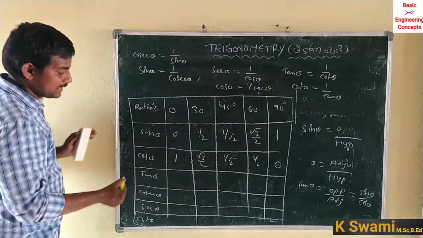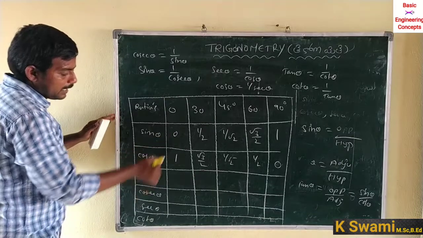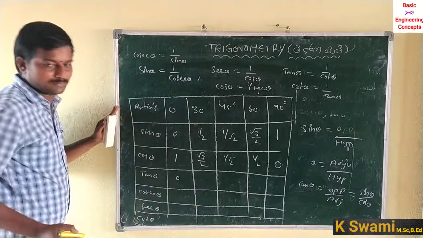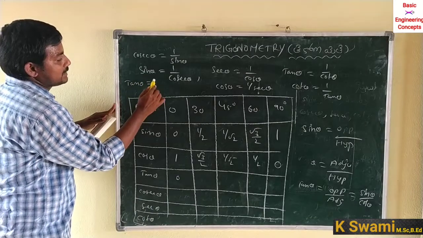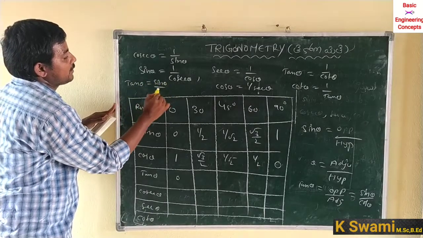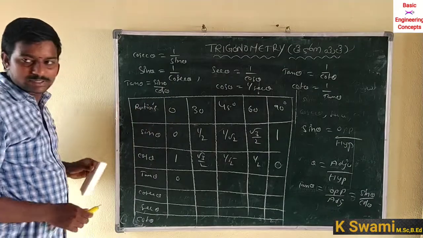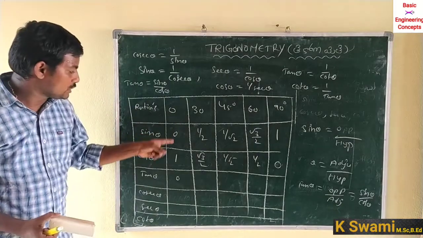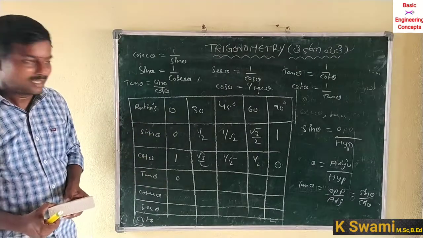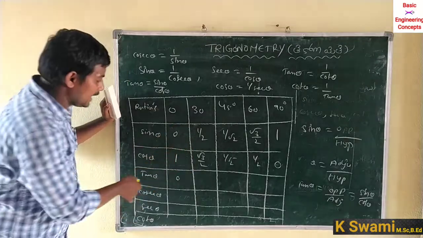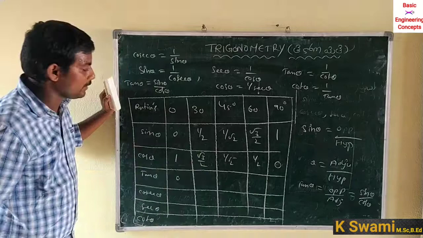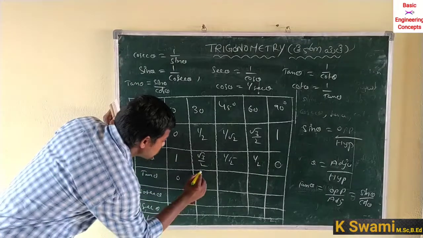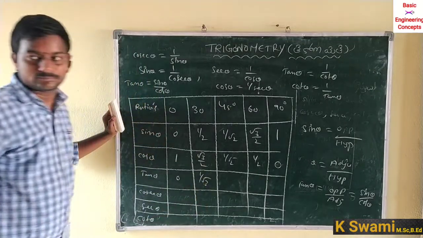And tan theta is equal to tan 0. Because tan theta is equal to sin theta by cos theta, 0 by 1 is equal to 0. And tan 30 degrees is equal to 1 by 2 by root 3 by 2, which means 1 by root 3.